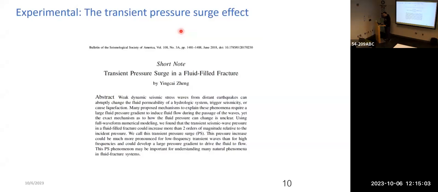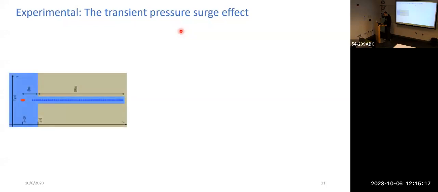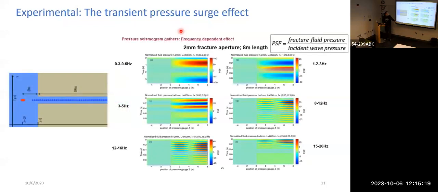And in 2018, my advisor Yin Kaizheng proposed a new mechanism to explain the remote triggering, called a transient pressure surge effect in the fluid filled fracture. He did a 2D boundary element modeling, and here is the modeling geometry. Here is the fluid, which was set as water, and here is the elastic medium with a closed fracture.